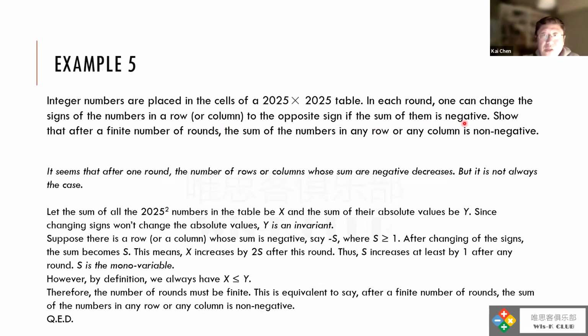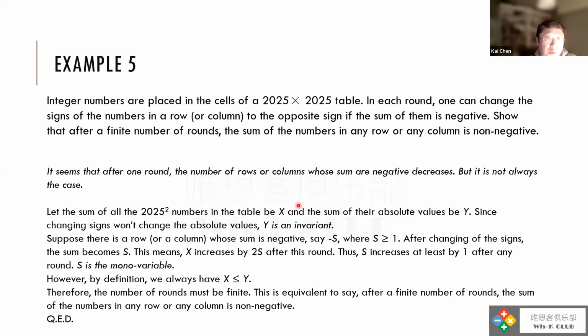So if you get a row sum which is negative, you can change the signs of each number in this row to the opposite sign. We have to prove that after a finite number of rounds, the game stops, meaning that you cannot find any row or column that is still negative. So all the row sums and column sums become non-negative.